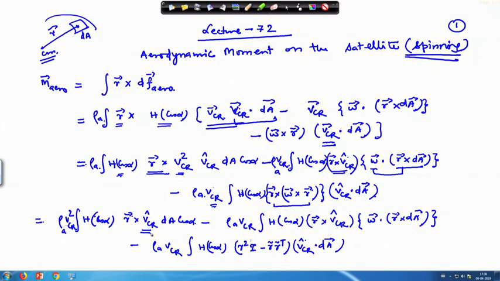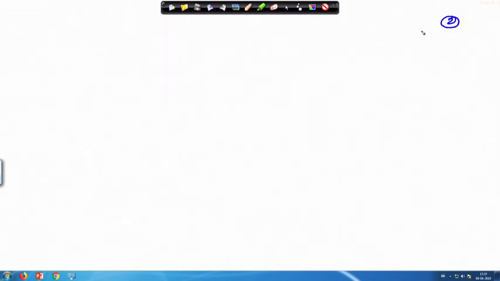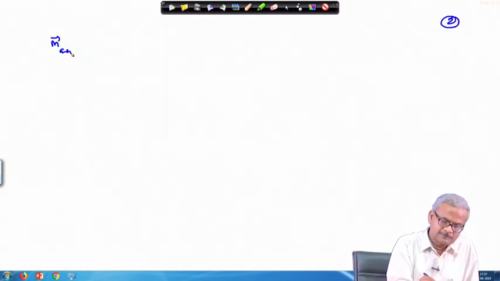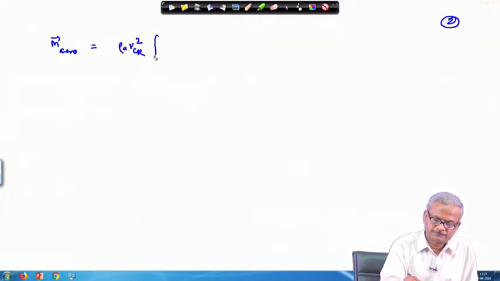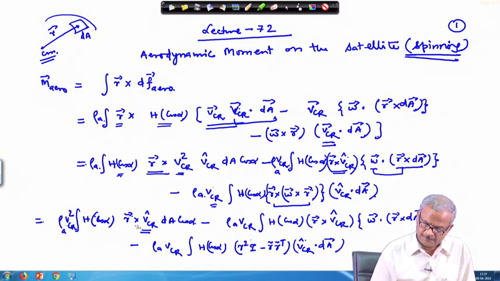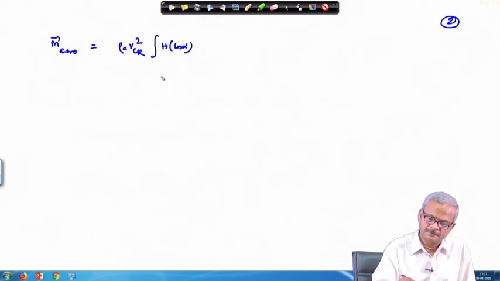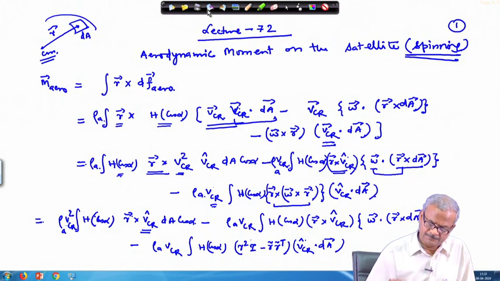This V_CR is not depending on the integration sign, therefore this can be taken outside. In the next step we do this: h cos alpha times r times dA cos alpha, r cos alpha times dA, this is the first term, and then the cross is there.